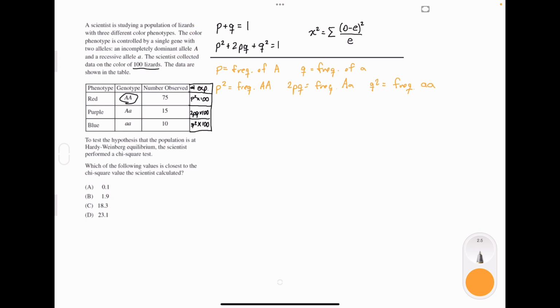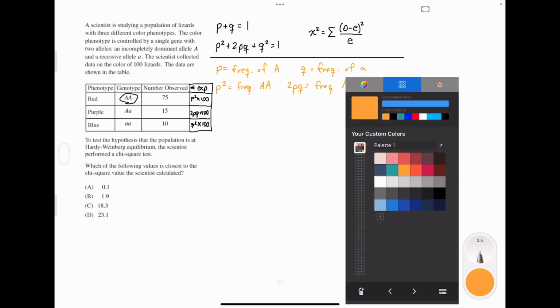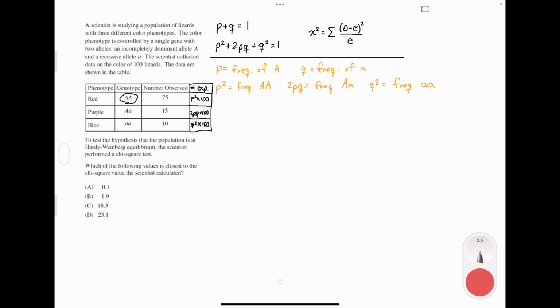All right, now how do we go about solving for our P and for our Q values? So in this next step, we now need to use our first equation, P plus Q equals 1. And we can use that equation because, remember, P is equal to the frequency of your dominant allele.